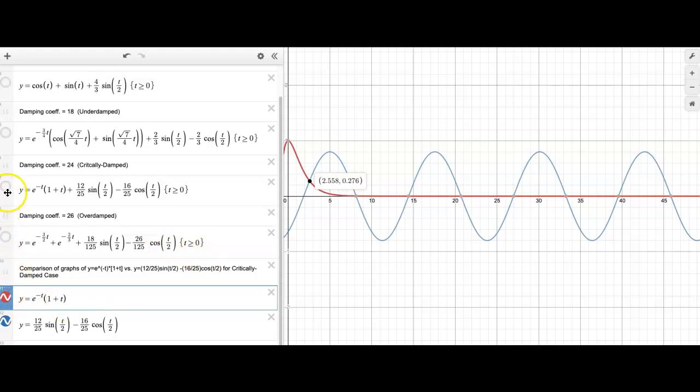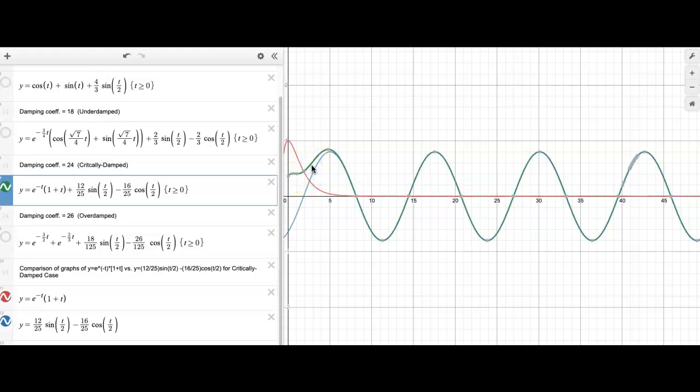So if we now click on our critically damped graph, we'll see that at right around this point here, right around here, is when this graph starts to act more oscillatory and less exponential.